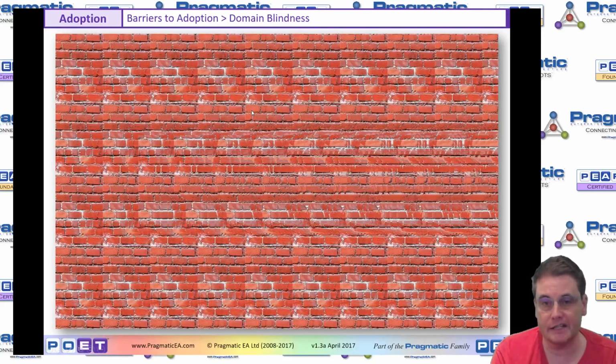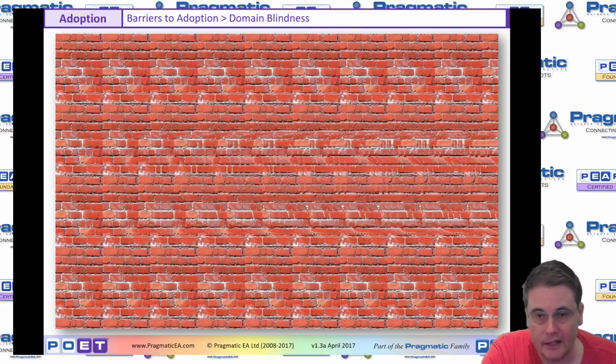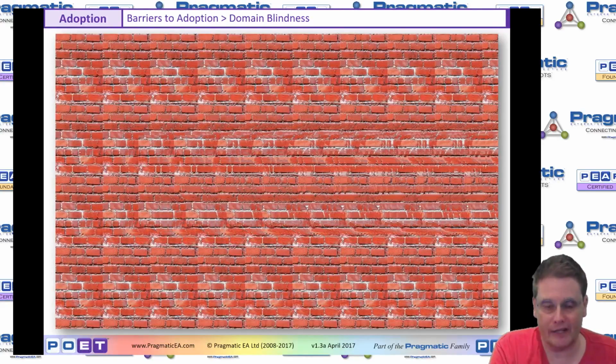The first thing is domain blindness. This is actually a magic eye picture, and you need to cross your eyes in order to see the three-dimensional picture there. But the fundamental idea here is that many organizations don't really even think about their transformation domain.